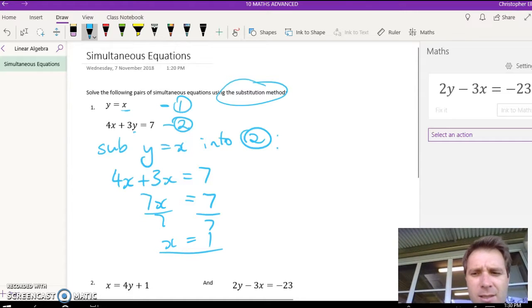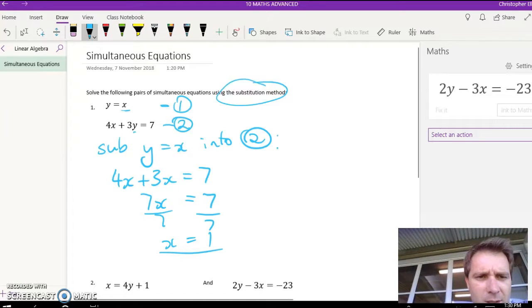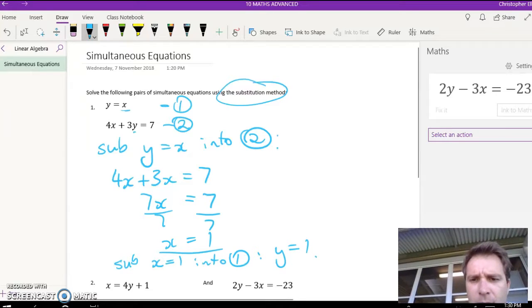Now that's solved for x. We've also got to solve for y. We can solve for y by substituting back into either the first equation or the second equation. Let's do it into the first equation. So sub x equals 1 into equation 1. Well, that's just simply y equals 1.